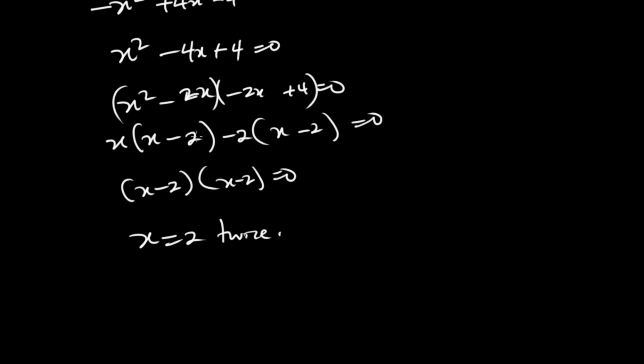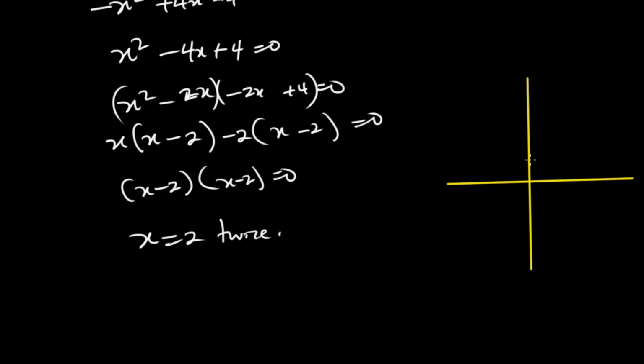So if I try to sketch the graph of this expression, I'm going to have something of this nature. Since the coefficient of x squared is negative, I'm going to have an n-like parabola.